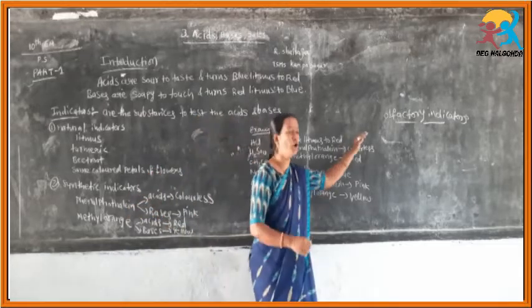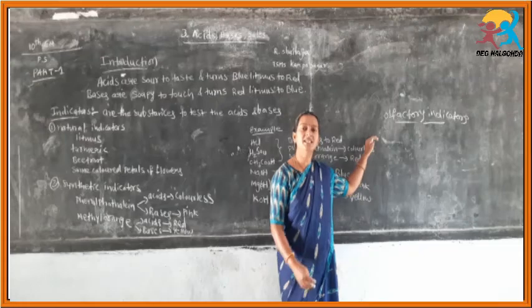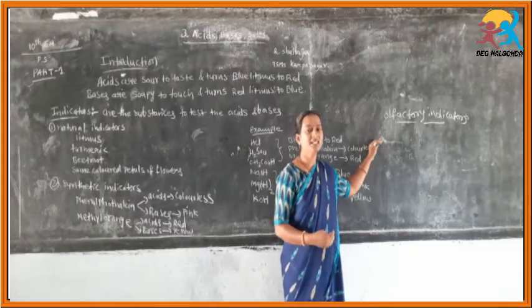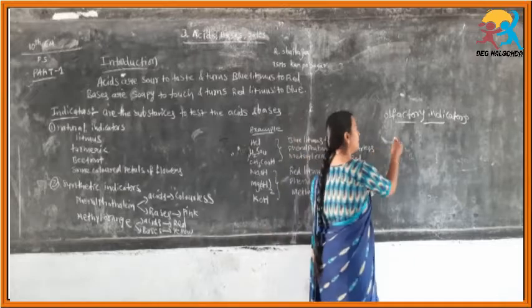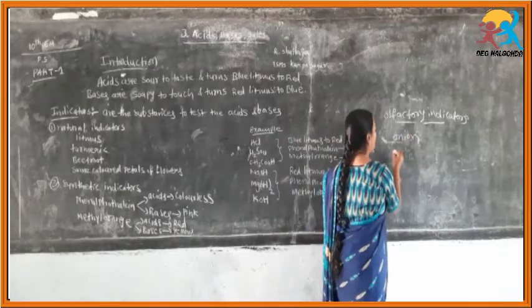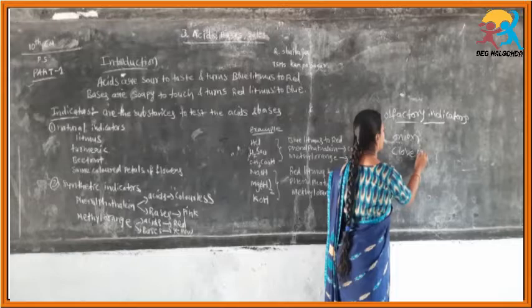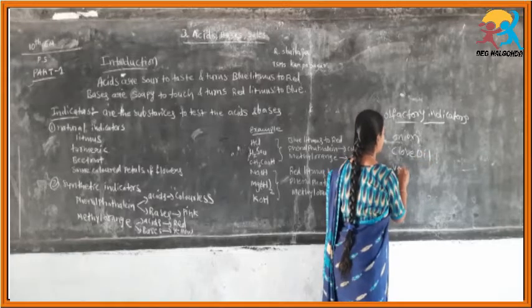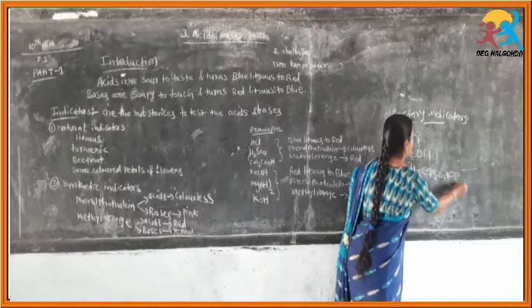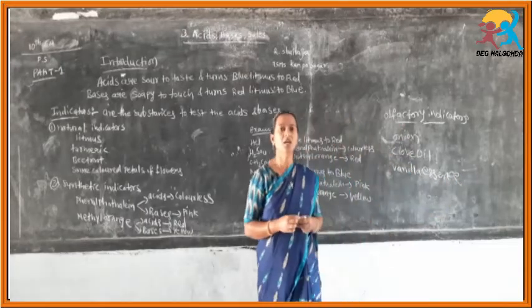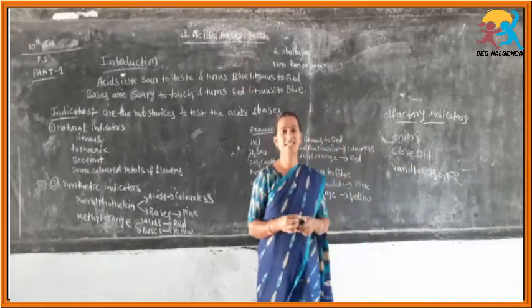But in the case of olfactory indicators, by the change in smell we can identify acids and bases. For example, onion, clove oil and vanilla essence. These substances we can use as olfactory indicators.